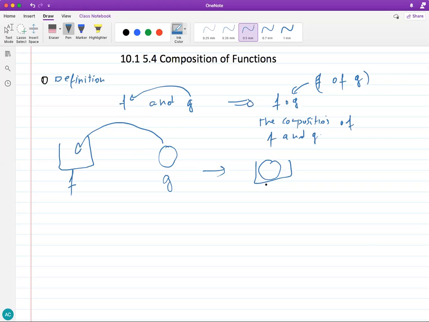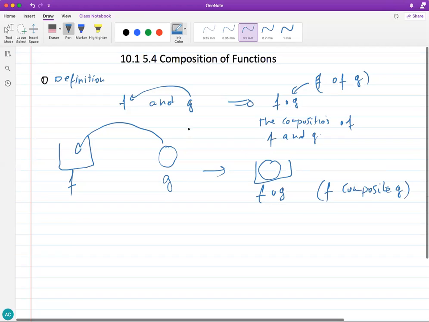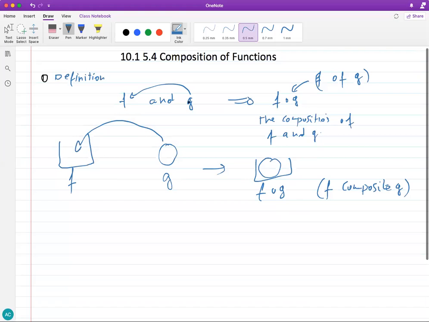One goes into the other, so this is what we call f of g, or we can also call it f composite g. So just a little illustration here, but we'll do examples with actual functions. That's the whole idea of composition functions. Plug one into the other.